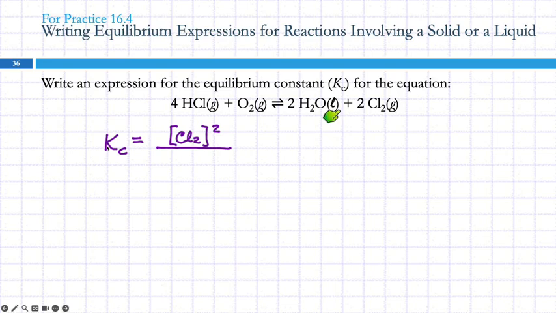It's a liquid. Pure liquid, the concentration doesn't change. And in the denominator, what do we have? HCl to the 4th power times O2. Okay? So this is another instance where we're writing equations and we're using those coefficients from the chemical equation.